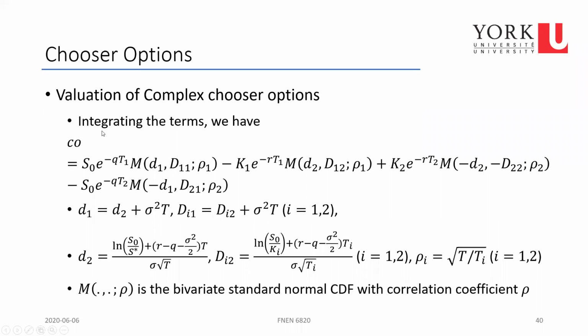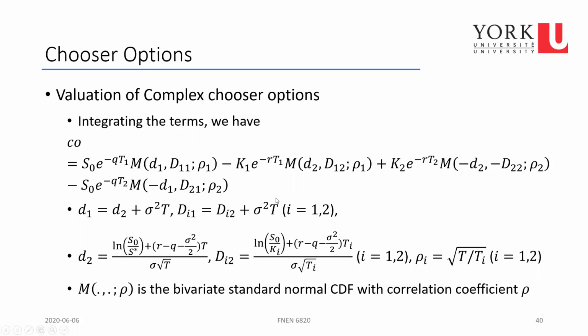So if we work out the math, a chooser option will just be this, where you need this bivariate normal distribution here. Okay, where D1 is defined this way, this big D, DI1 is DI2 times this thing here.